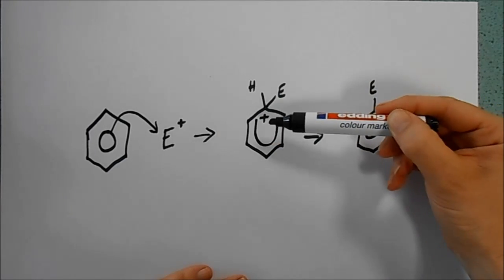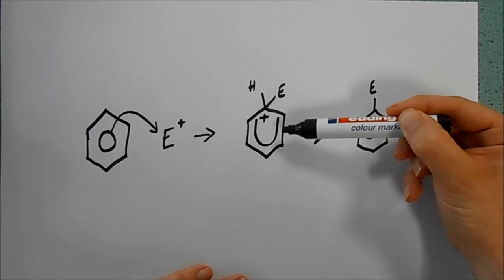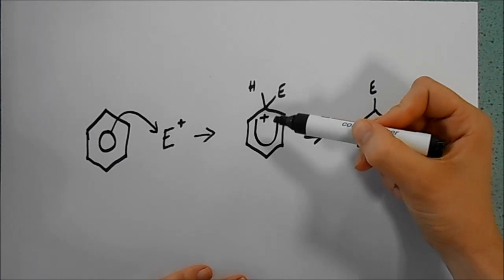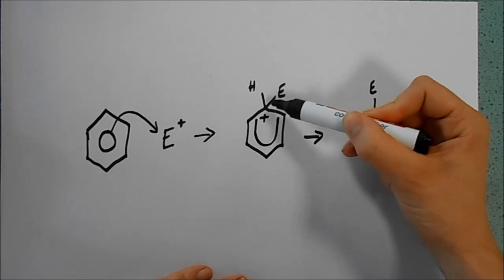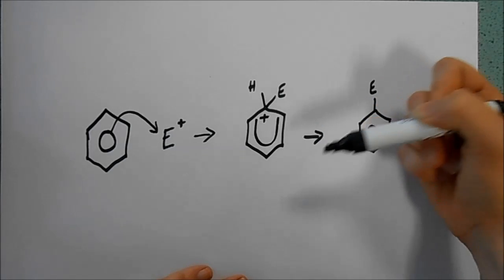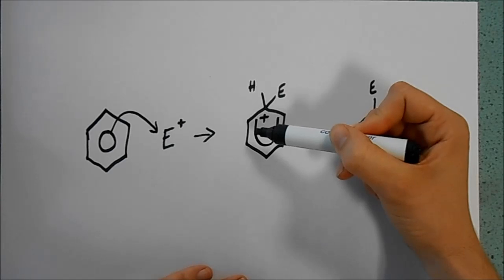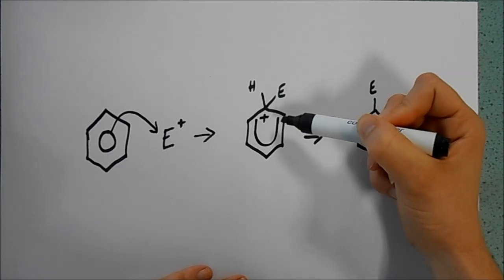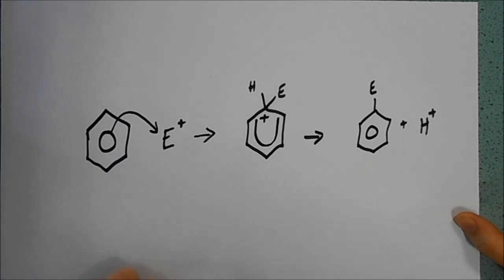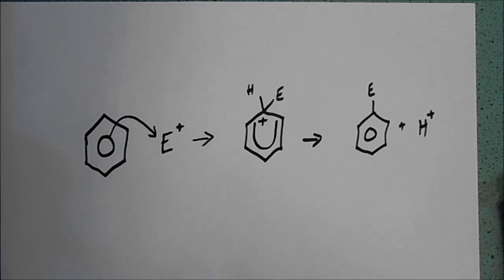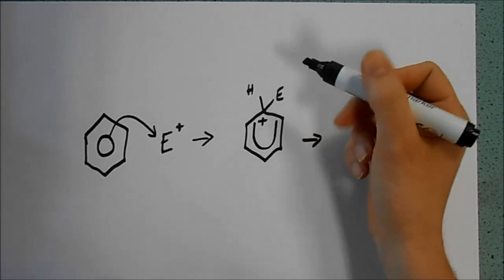So make sure that your delocalized ring is actually pointing in the correct direction for a start. It should be always pointing towards where we have the substitution actually happening, but also that you extend it all the way from this carbon to this carbon, because that's where the delocalized ring is. So this is our intermediate that we've formed.